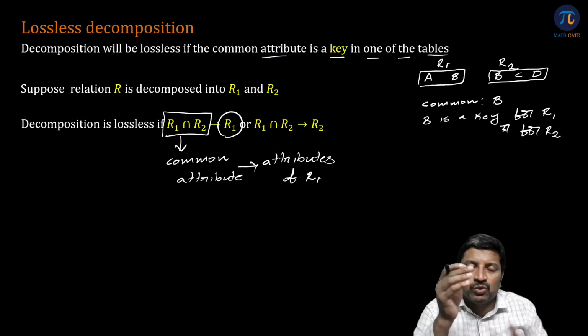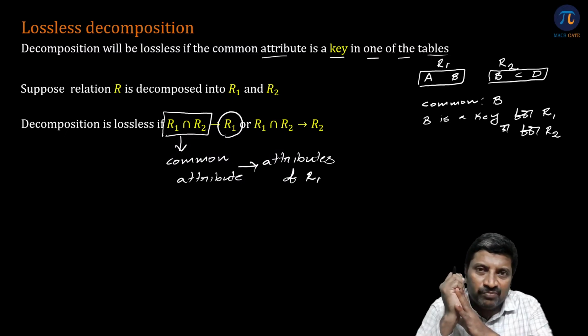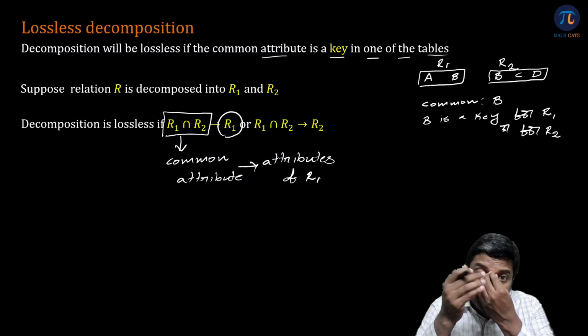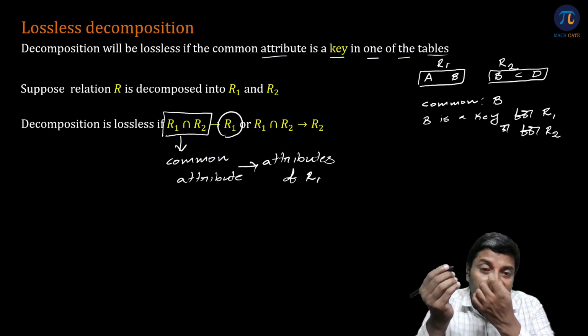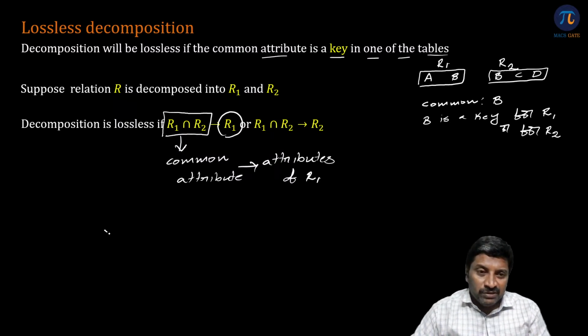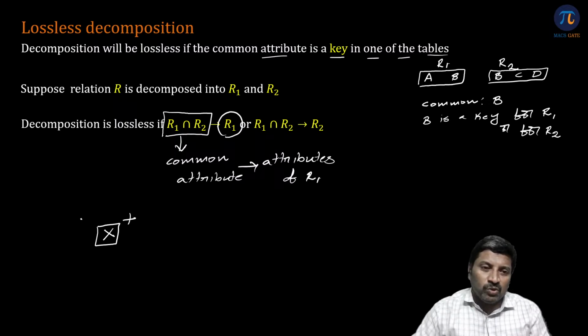Whenever two relations are given, first we need to identify the common attribute. The second step is whether it is a key or not. We know how to find a key. How to find a key, sir? Suppose this is my common attribute. Then first I find the closure.